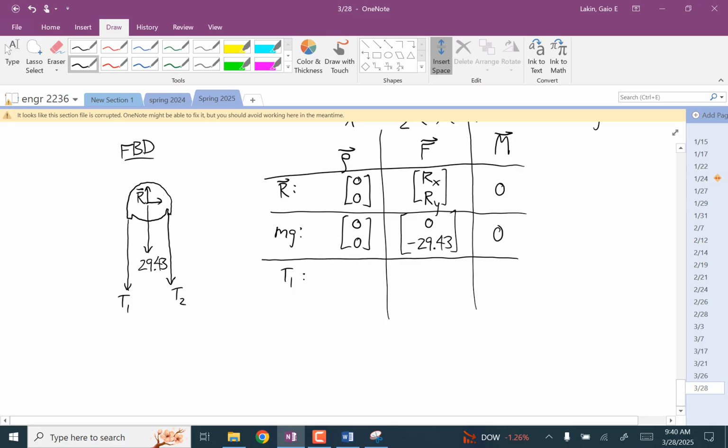T1. The vector from the about point to where T1 is applied is negative 0.1, 0. And the force is 0, negative T1. So the cross product is 0.1 T1.